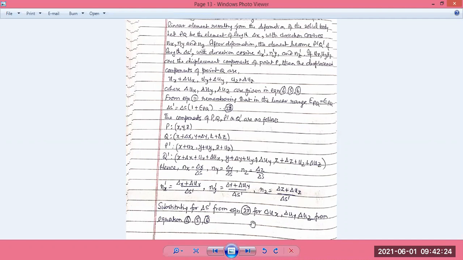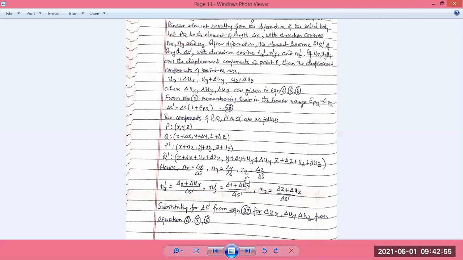What will happen to delta ux, delta uy, and delta uz? This is also given earlier, we have discussed in equations 7.7 a, b, c, where delta ux is equal to dux by dx into delta x, plus dux by dy into delta y, plus dux by dz into delta z.